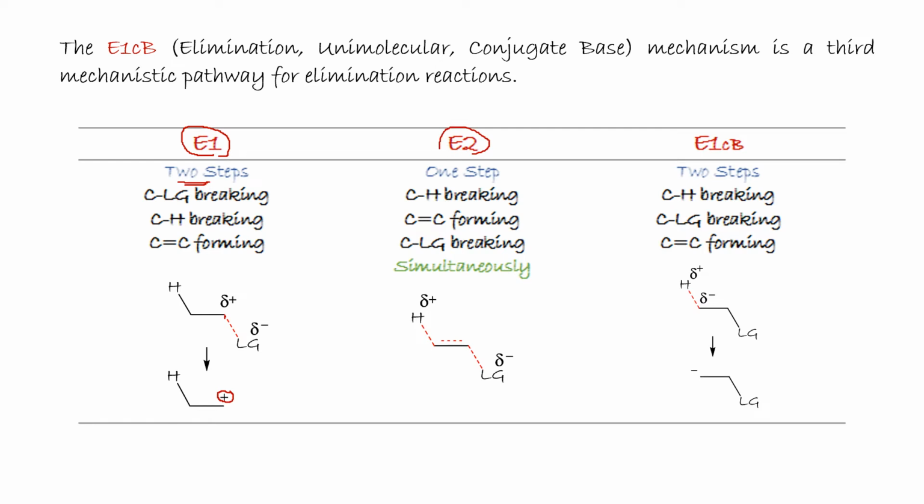In E2, it is one step, so while CH is breaking, Cl is breaking, and C double bond is forming. In E1CB, it's two steps. But the first one is CH breaking, forming carbanion, then breaking the carbon leaving group bond and the formation of C double bond C.